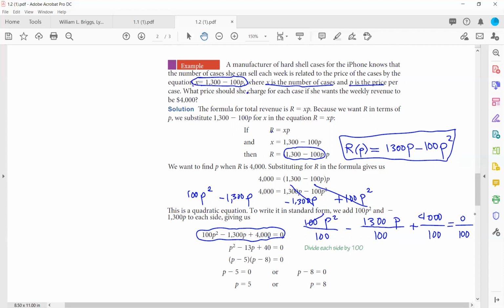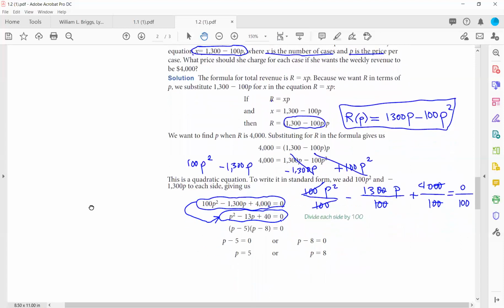You can cancel out 100 and 100. It gives you P squared minus, cancelling out 2 zeros, 13P plus, cancelling out 2 zeros, 40 equals 0, because 0 divided by any number is 0. So we simplified the first equation, so we have a nicer equation to solve.